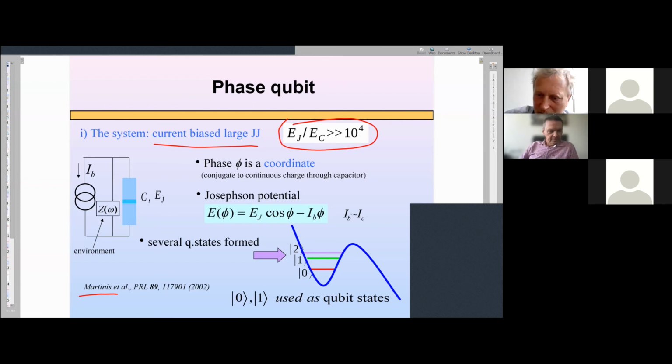It's a single well of a washboard potential. There is a quantization of the states in this well, and the parameters are chosen such that there are three states in this well.